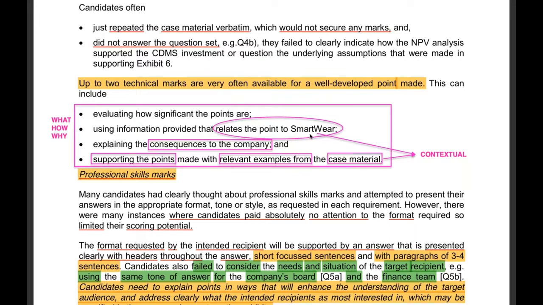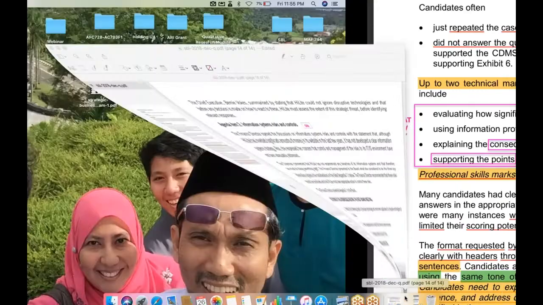In our case, we are talking about this particular highlight. Then explain any consequences to the company, and support the points made with relevant examples from the case material. Whatever points you pick up, put them in this order, and it's here that I put where this is answering what, how, and why. So use this structure to answer that question. I hope that answers your queries.